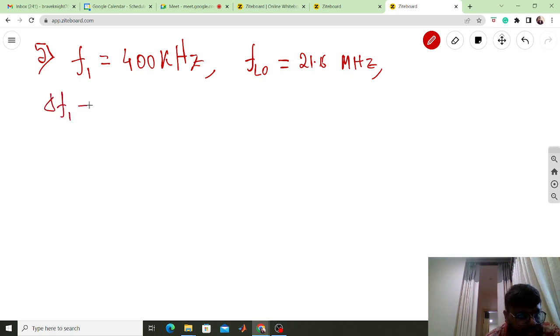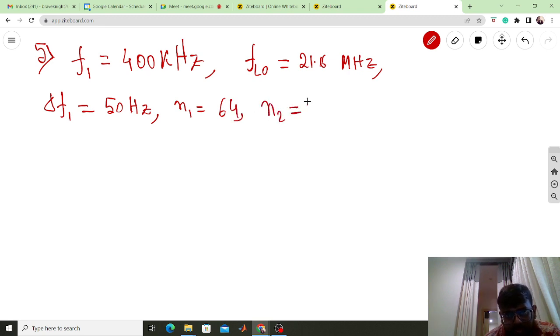Del F1 is equal to 50 hertz. N1 is 64, N2 is 128. These parameters will be required to solve this question.